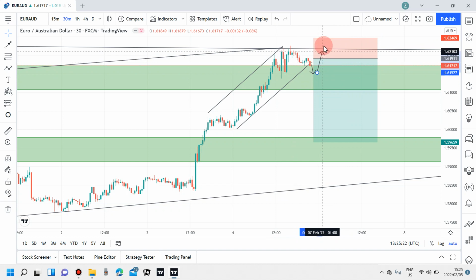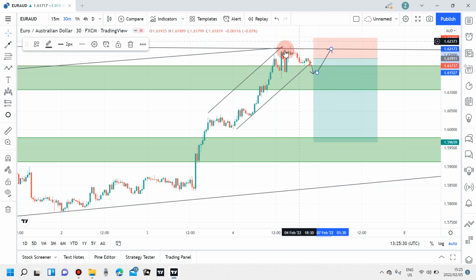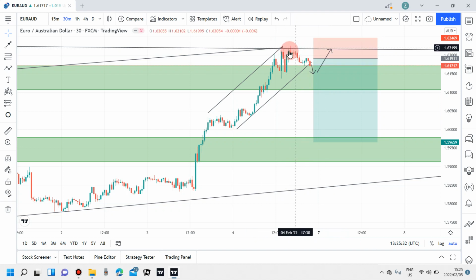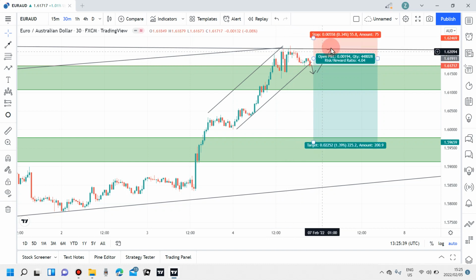So you would want to place your stop loss above this line here, or you would place your stop loss just above these wicks, so that if the market creates some wicks, it will stop people out before going down.